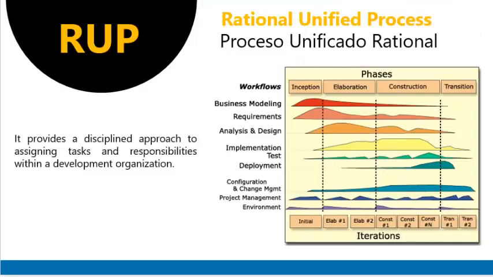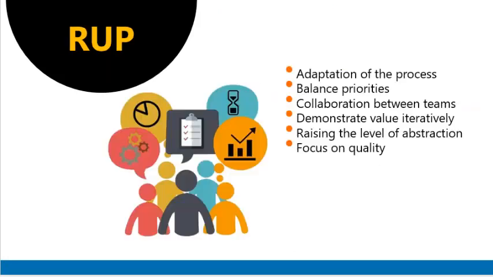RUP, or Rational Unified Process, provides a disciplined approach to assigning tasks and responsibilities within a development organization. It has four phases: inception, elaboration, construction, and transition.